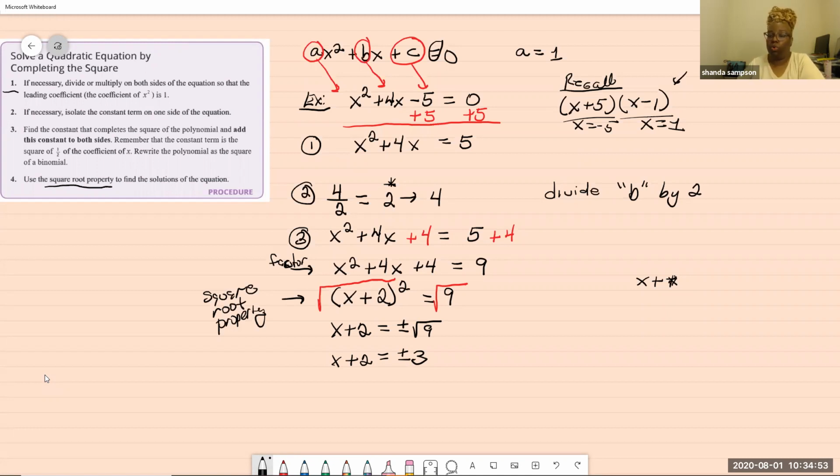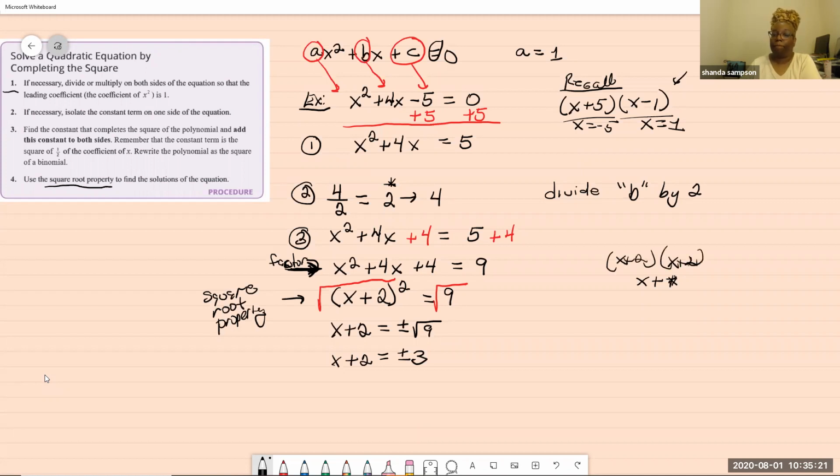What? A perfect who? What? A perfect square trinomial. All right. A perfect square trinomial is a binomial that multiplies itself twice. So x plus 5, x plus 5, x minus 2, x minus 2. This factor here is always going to come out to a perfect square trinomial. Hence, you'll be able to write whatever square. So had you factored that, you would have got x plus 2 and x plus 2.